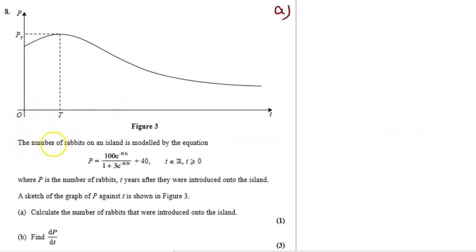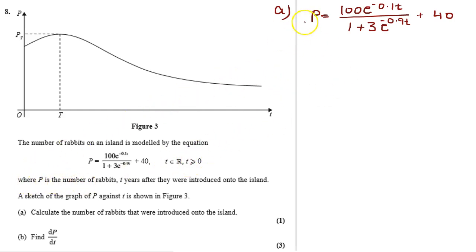Question number 8. The number of rabbits on an island is modeled by the equation P is equal to 100 e to the power minus 0.1t divided by 1 plus 3 e to the power minus 0.9t, plus 40, where t is a real number greater than 0.